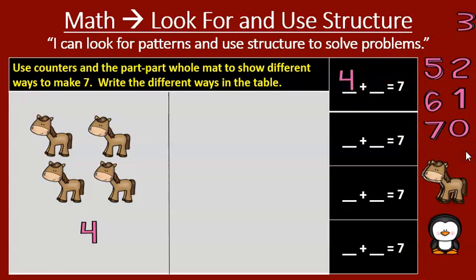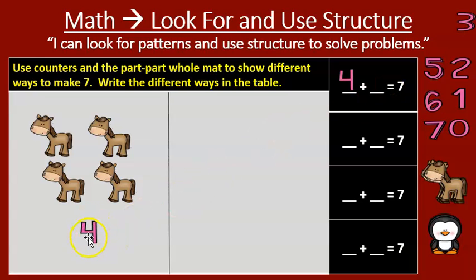Now look at that. We're almost done. It's just that we have to find this number now. This number 4 and this number have got to equal 7. So we're going to use our penguins now on this side. Remember, you start from this number, okay? Then you count forward and you stop at this number, which is 7. Let's do it together.